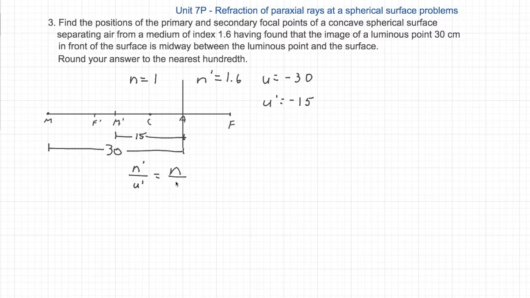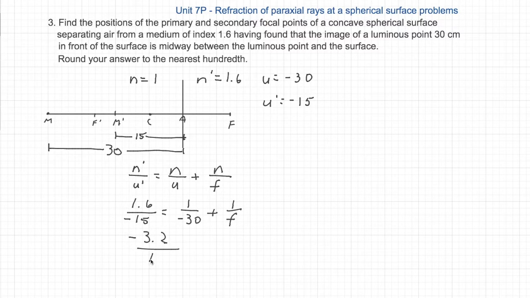So now we're going to use the formula n prime over U prime equals n over U plus n over F. Plug in what we know. We'll use 30 as our common denominator, and bring the fraction on the right over to the left side.